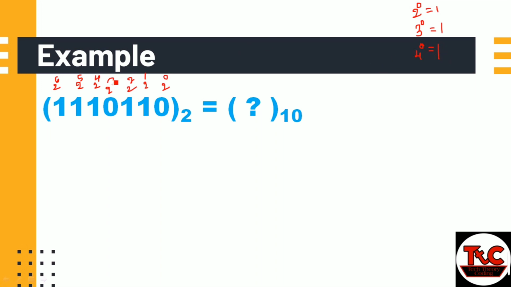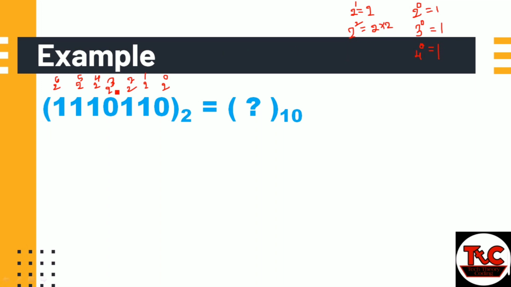Now, what is the value of 2 to the power 1? 2 to the power 1 is 2 into 1. So, 2 ones are 2. Now what is the value of 2 to the power 2? Multiply 2 two times.